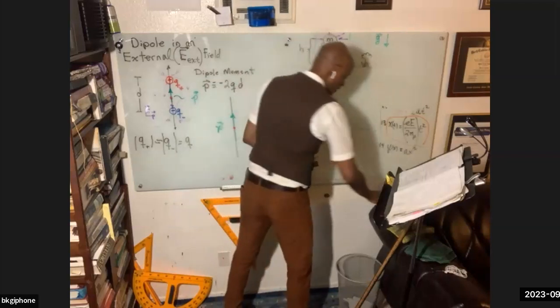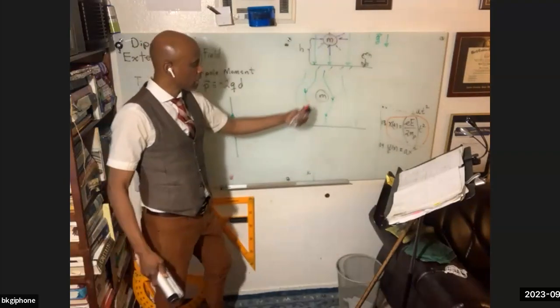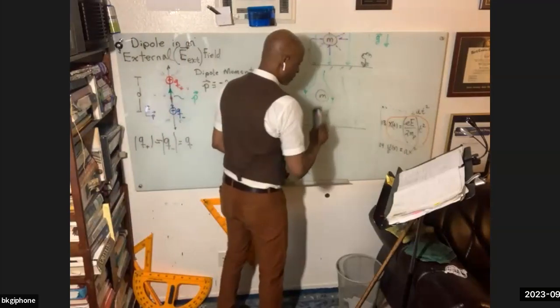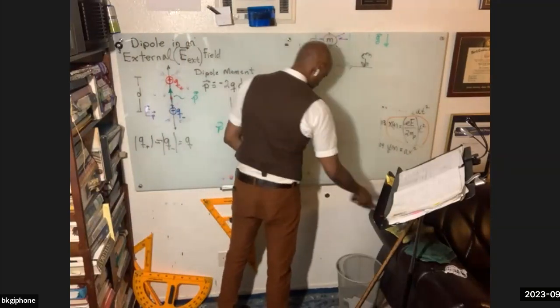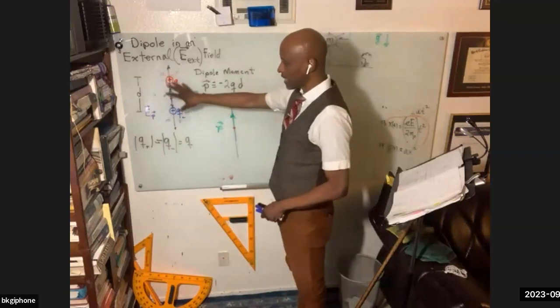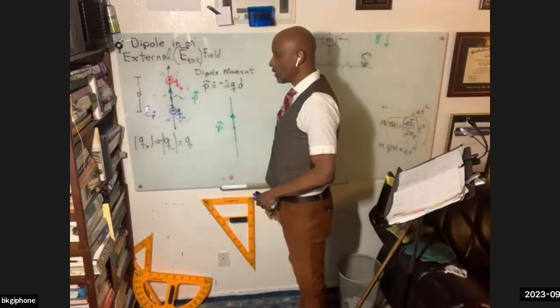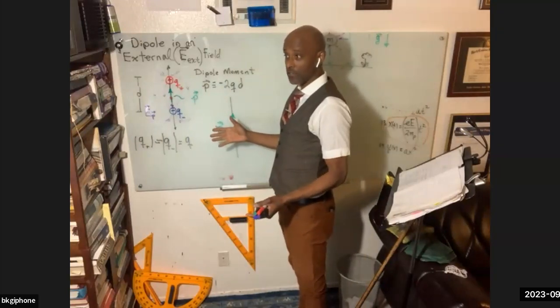But in the same way we assume no friction on surfaces and that sort of thing, we assume that that's what we mean when we say the field of the mass itself is negligible. It's as if it doesn't exist. So even though this thing has a field and we spend a whole lot of time talking about it, we could expose it to a very strong external field, a constant field.